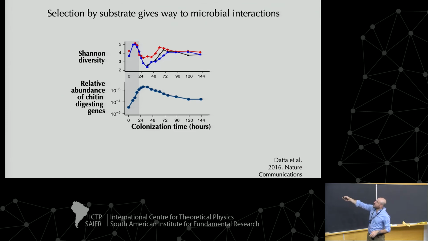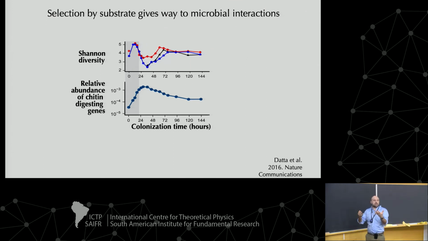And in fact, now the other part of the plot, before I continue. Remember I told you at the beginning that you can sequence all the DNA and reconstruct the genomes? So we did that. And then you can look at the enzymes that we know are associated with the degradation. We can look at the frequency of those enzymes in the genome, and it goes up and reaches a maximum pretty much at the same point where diversity is minimum. So it's what I'm saying.